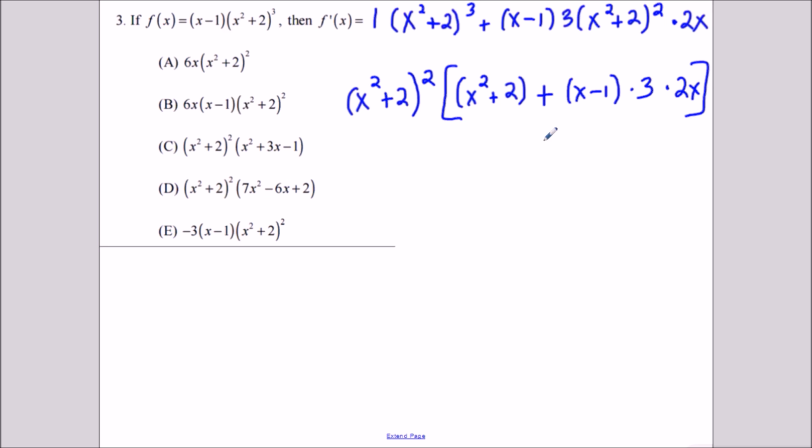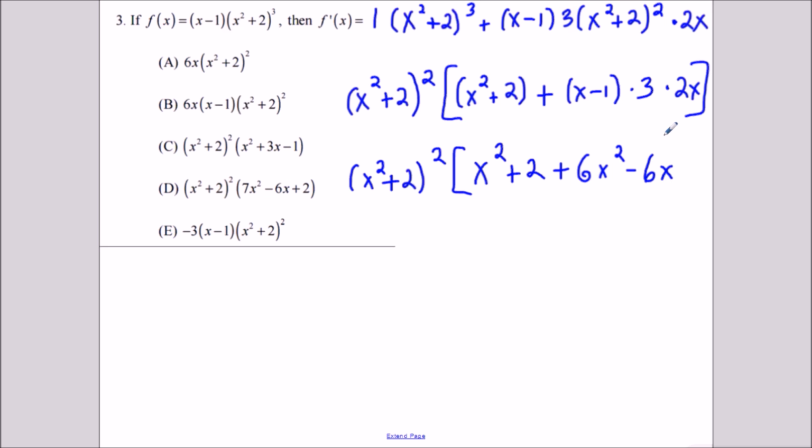Then we just need to simplify this doing the algebra. If we simplify this, we're going to have x squared plus 2 to the second power, and we'll have x squared plus 2 plus, and think of this as 6x. If we distribute 6x, you're going to have 6x squared minus 6x.